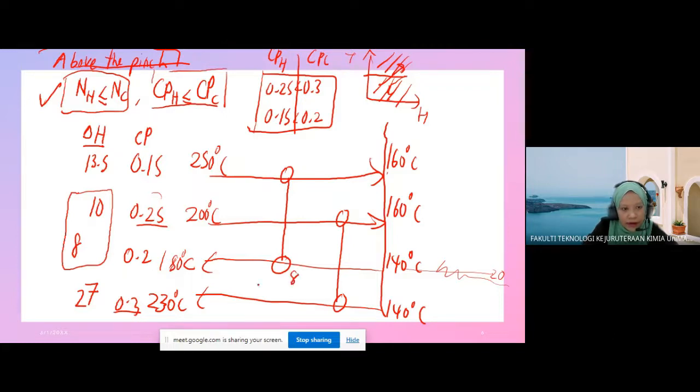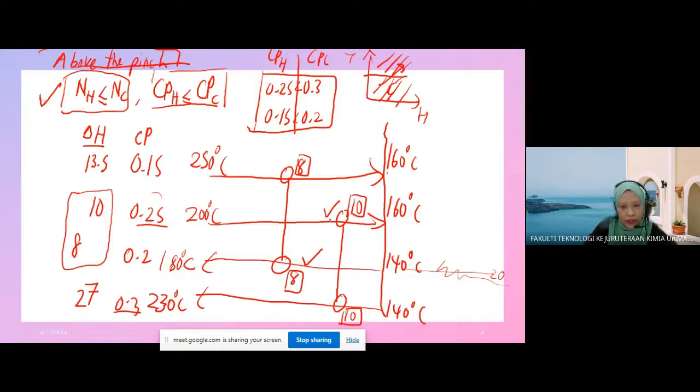So this is 8, now pair with this stream. The duty is 8. And then this stream, 10, pair with this, also 10. So this stream already fulfills the delta H requirement, and this one also.